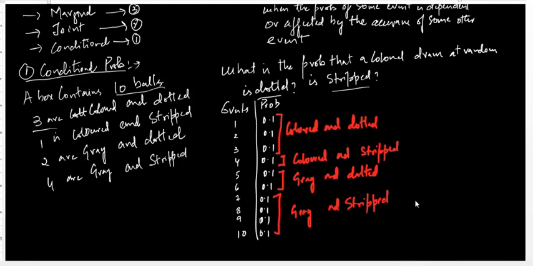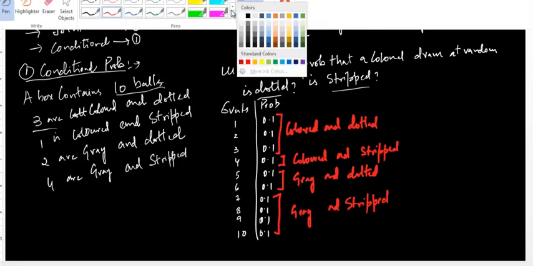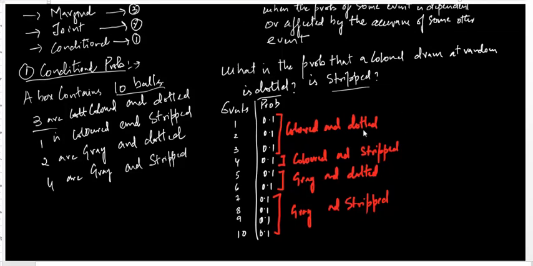Now let me move on to the question: what is the probability that I draw a colored ball and it is dotted? In the first case, I want the probability of a dotted ball given that it is colored, because I'm drawing a colored ball.